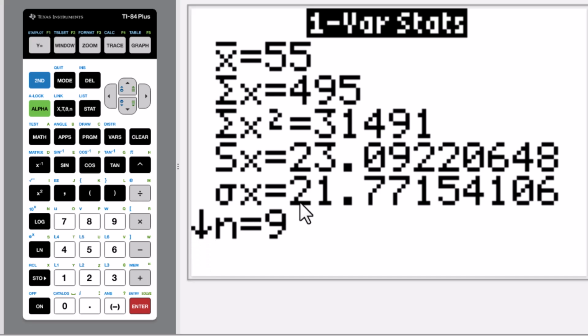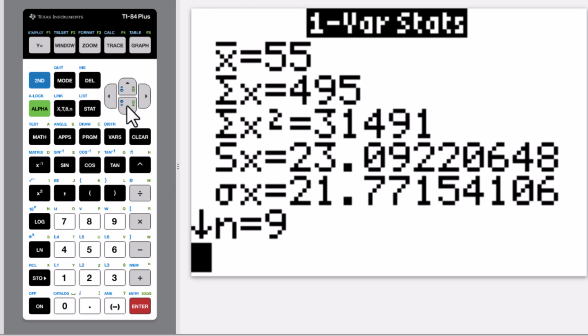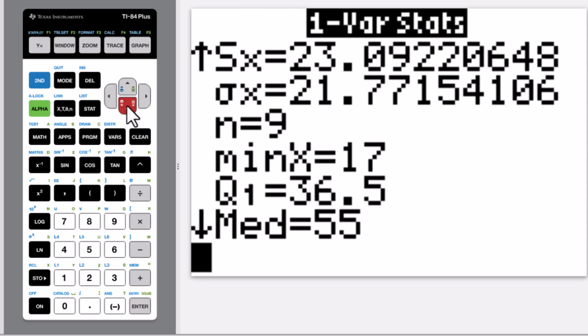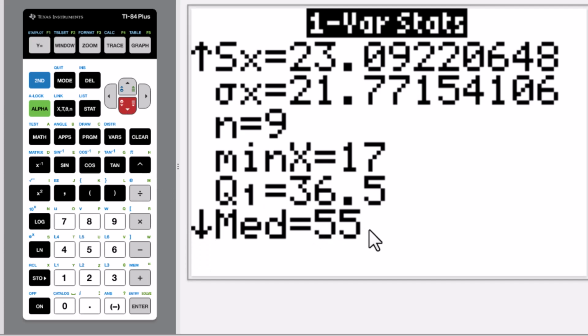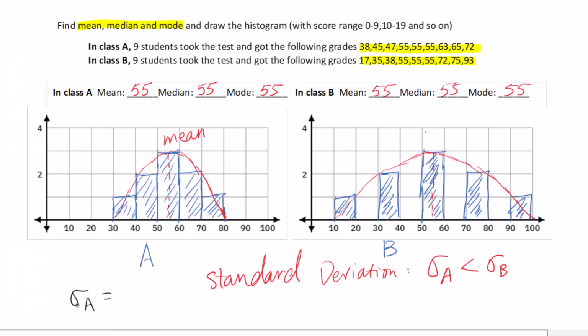Standard deviation for class B is 21.8. Check median. Median is still 55. The standard deviation for class A is 10.0. Standard deviation for class B is 21.8.